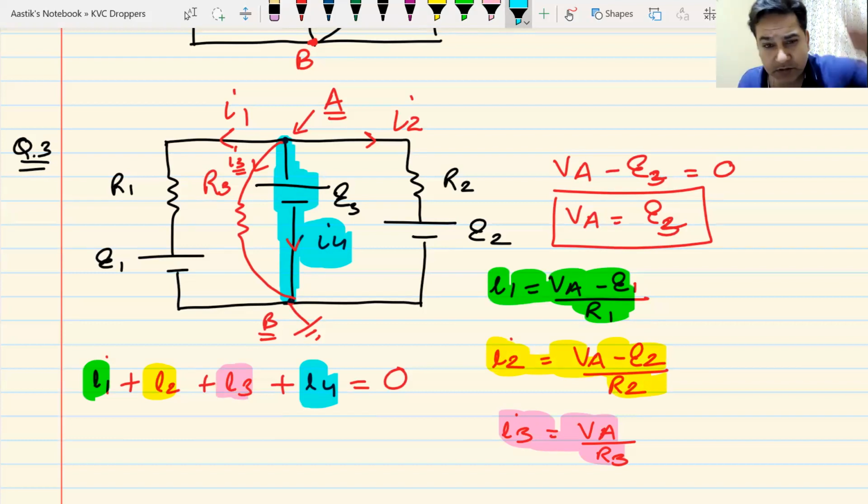So if there is no resistance in any of the branches, the question becomes pretty damn simple. Using which concept? The concept of nodal theorem. Do we understand this? Yes, sir.